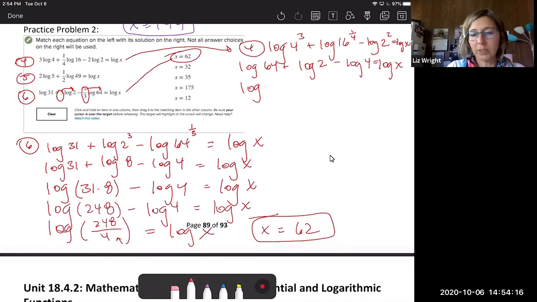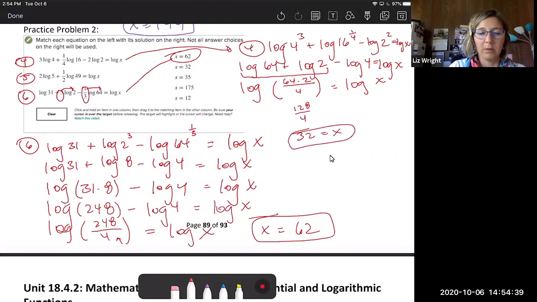If you don't, just do these first 2 like we've been doing and then add in the next piece. But if you would like to, you're more than welcome to do 64, and you just have to show the step. Show me that you're doing it this way. Equals log of x. And then you should be getting 128 over 4, which is then going to give you 32. So 32 equals x for that one.